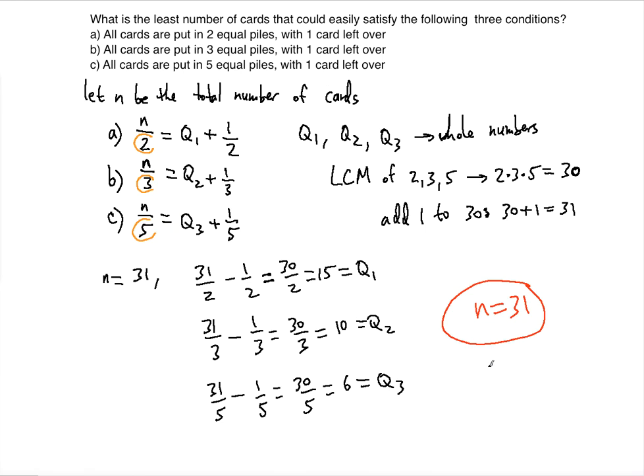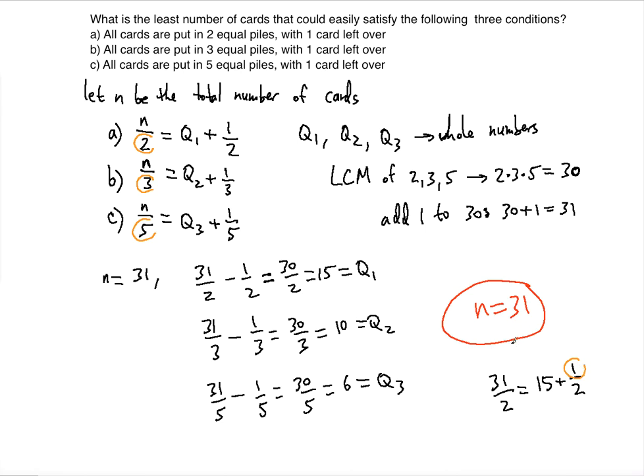And you can work it out if you want. You can divide 31 by 2. You will get 15 plus 1 over 2. And what does that mean? That means you have the remainder 1, and that's 1 card left over.